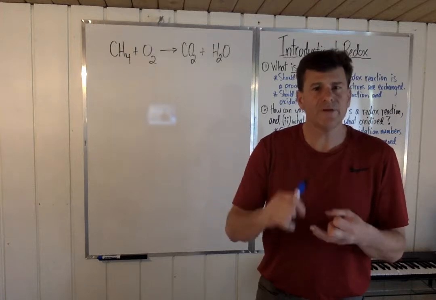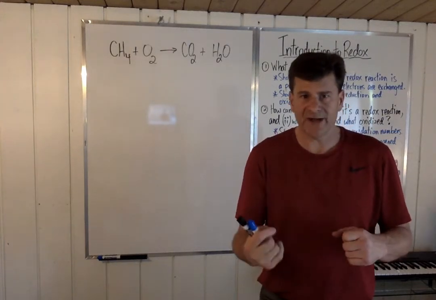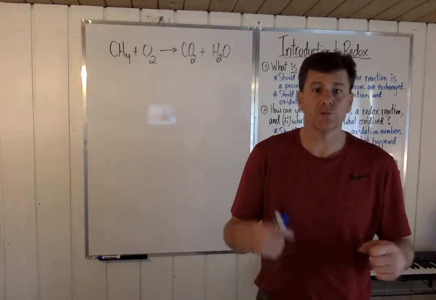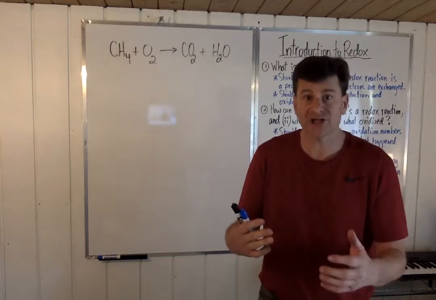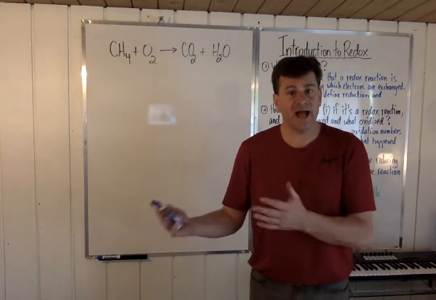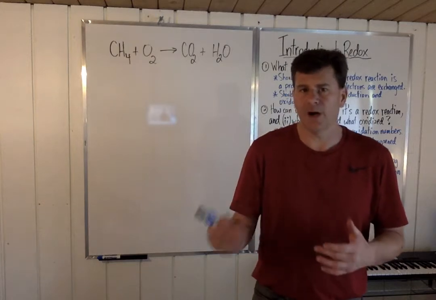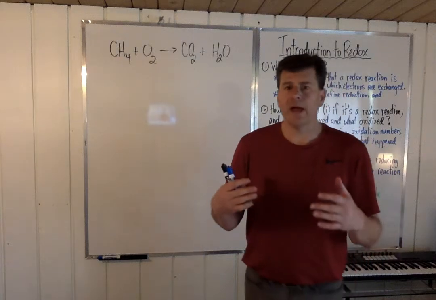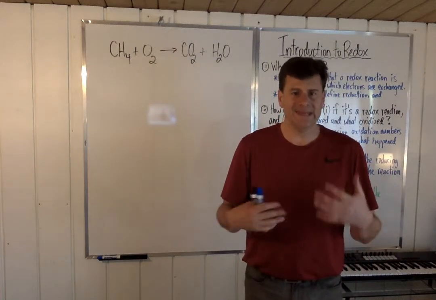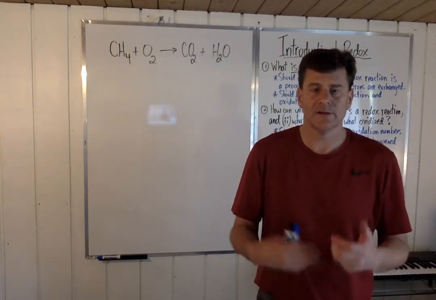But even deeper than that, which atoms underwent oxidation and which atoms underwent reduction? Like, what actually happened here? And when the atom reduced, how many electrons did it gain? When the atom oxidized, how many electrons were lost? And to be able to give a little bit more of a detailed description of what that process looked like.